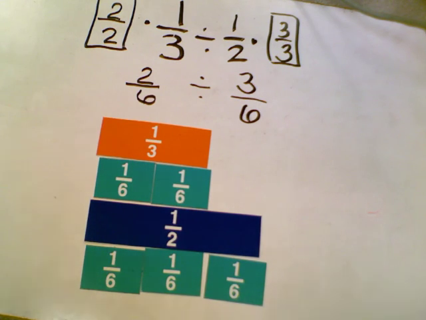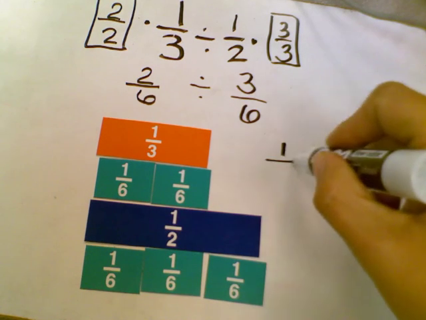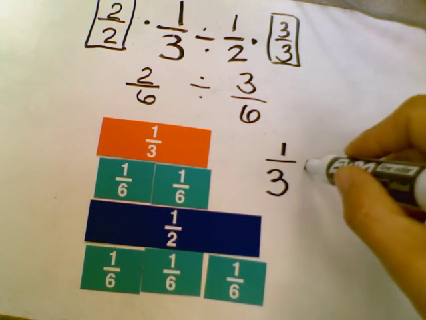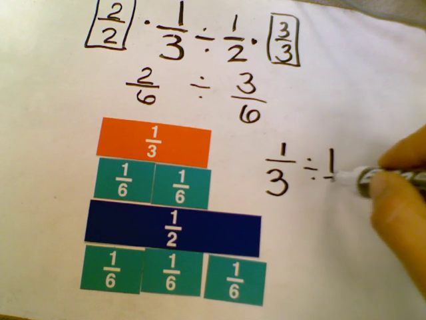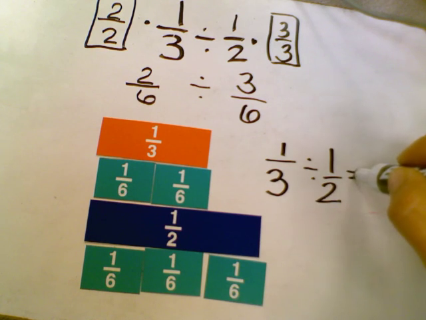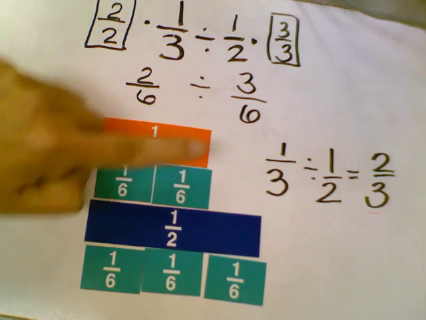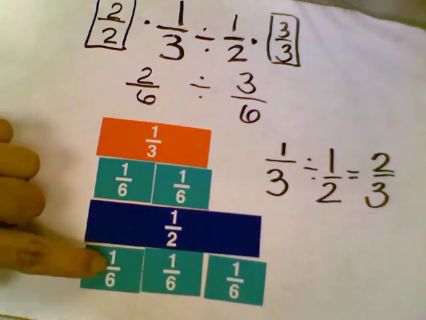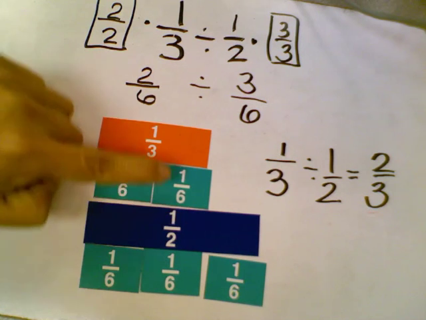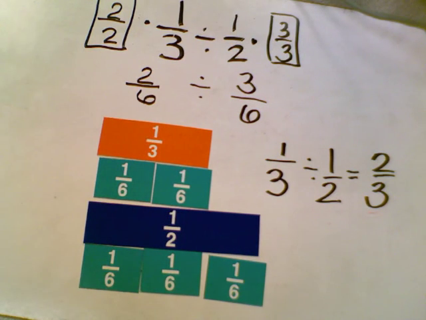So my answer for 1/3 divided by 1/2 is equal to 2/3. 2 out of the 3 that make up the half fit into a third.